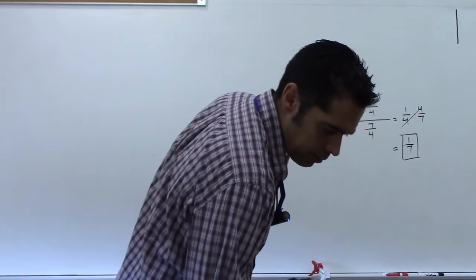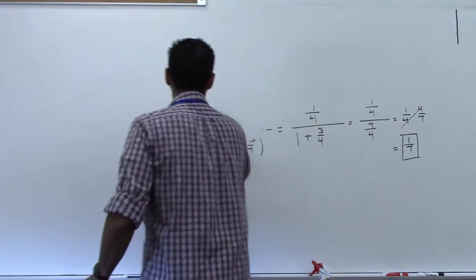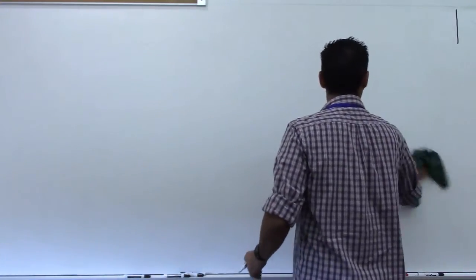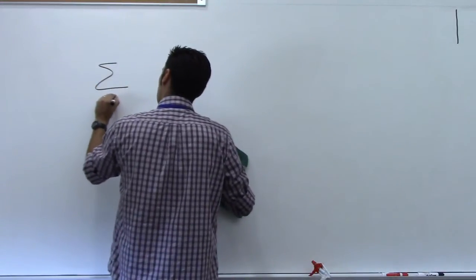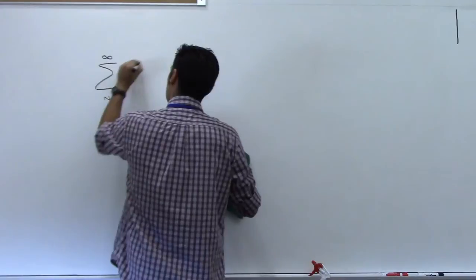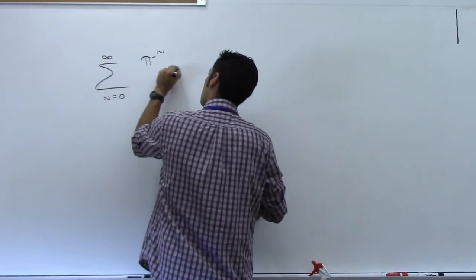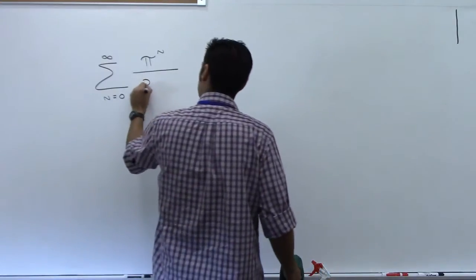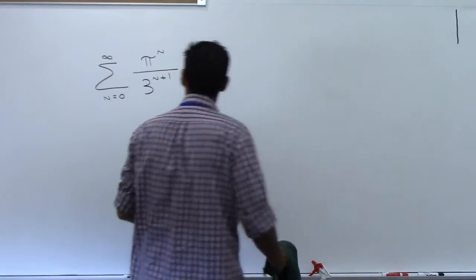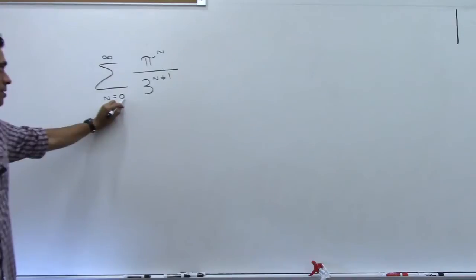Pi to the n over 3 to the n plus 1, n starts at 0. So the sum from n equals 0 to infinity of pi to the n over 3 to the n plus 1. Notice that this starts at 0.